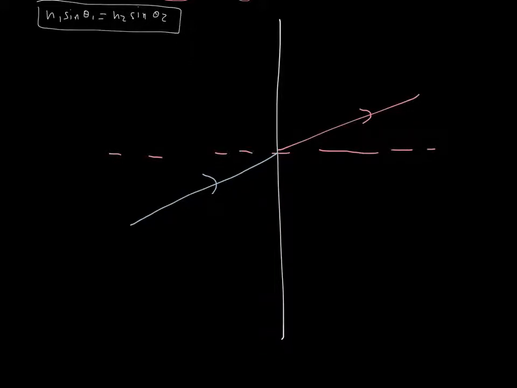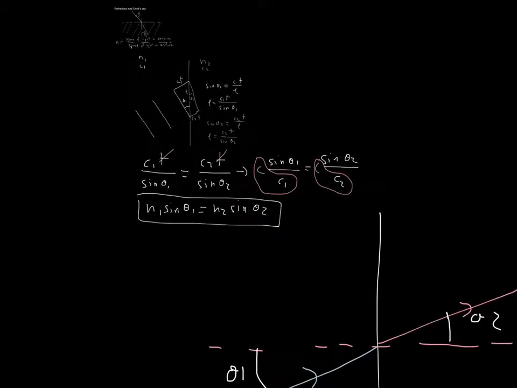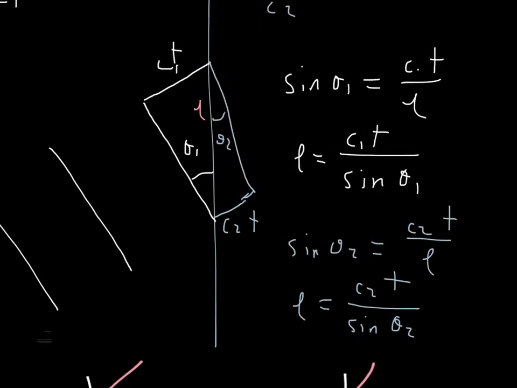Okay. Hopefully you did this and you said that this is theta 1 and this is theta 2, not this and not this. Remember that theta 1 and theta 2 are always measured with respect to the normal. And you'll say, oh, but before, when we did the deduction, that's not what we had, because we had this.